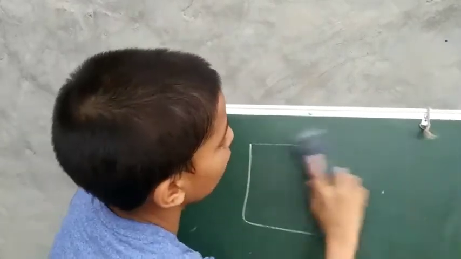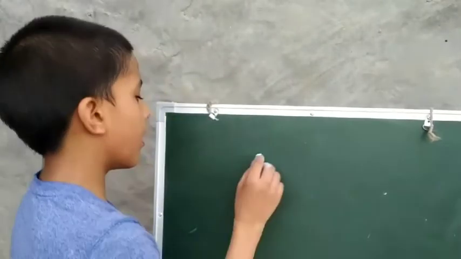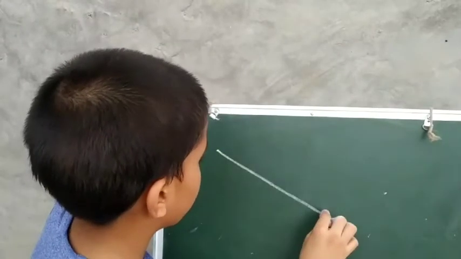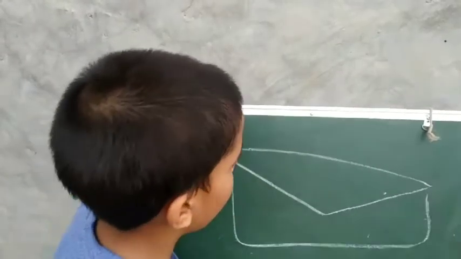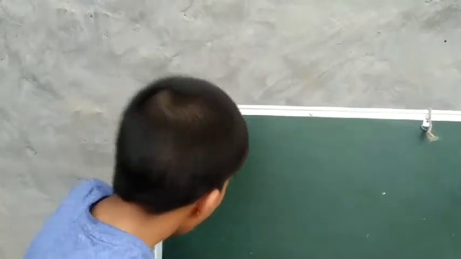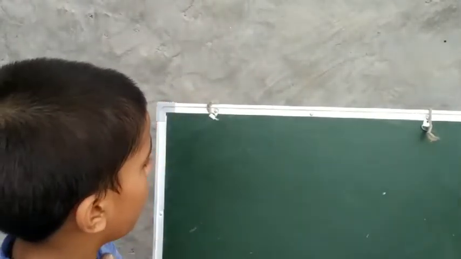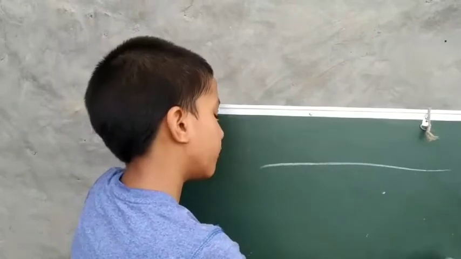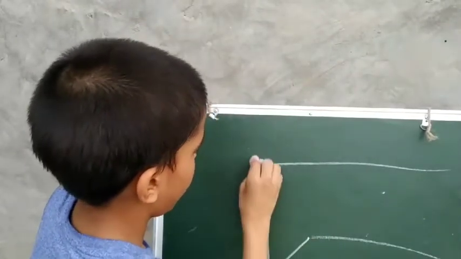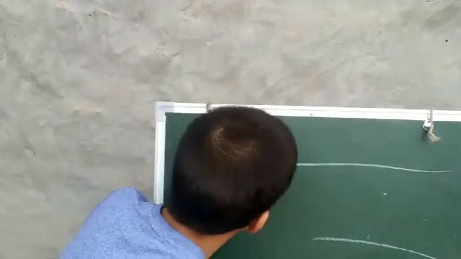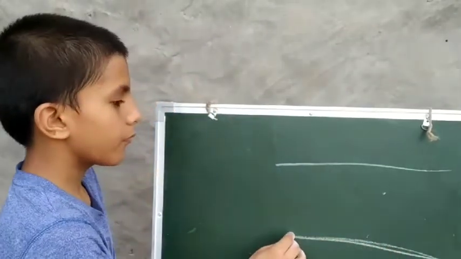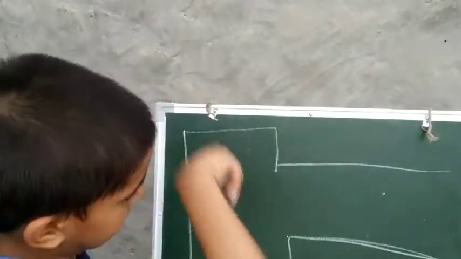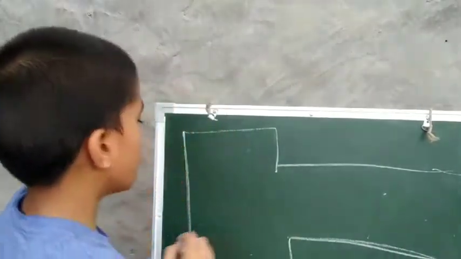I'm not getting any regular shape. I'm having any shape that is irregular. Yes, it's right. And I have it like this. So how to do this?